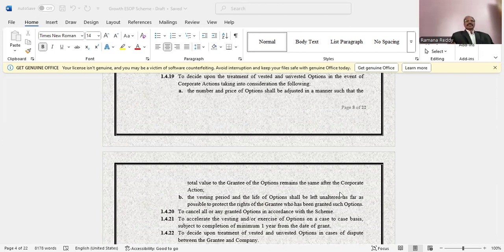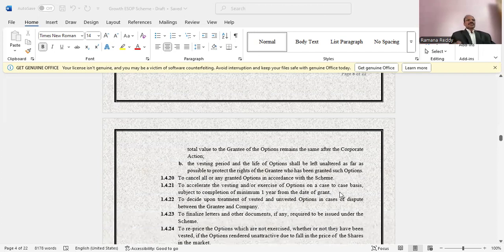Because of the corporate action, the already available grants shall not be affected. So the vesting period and the life of options shall be left unaltered, because once it is given, try to see that as far as possible it is not altered.